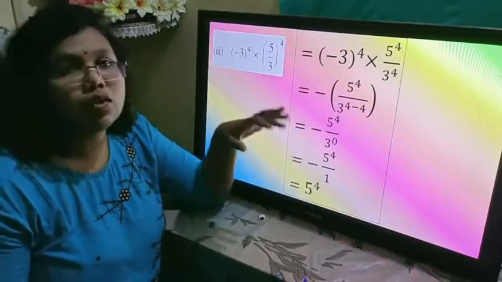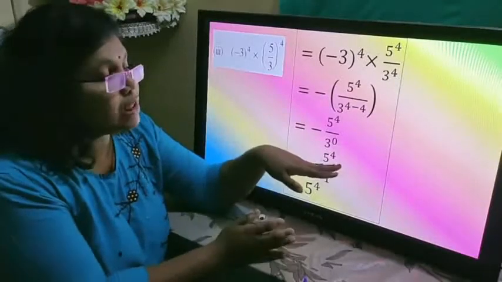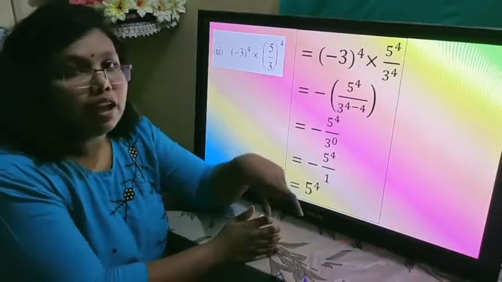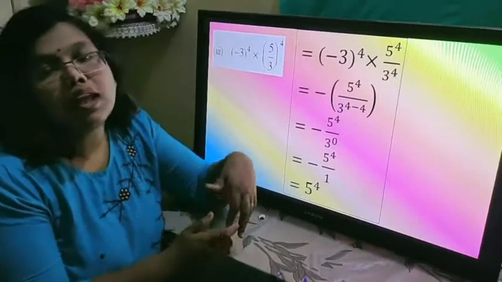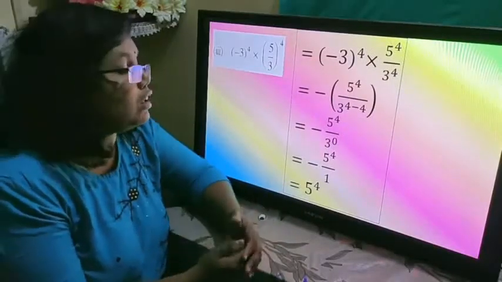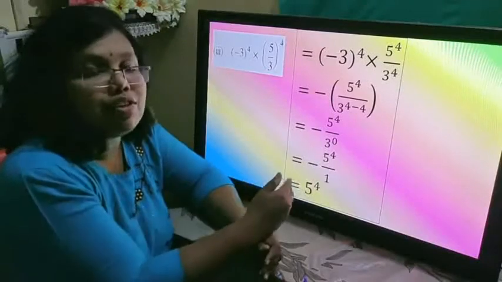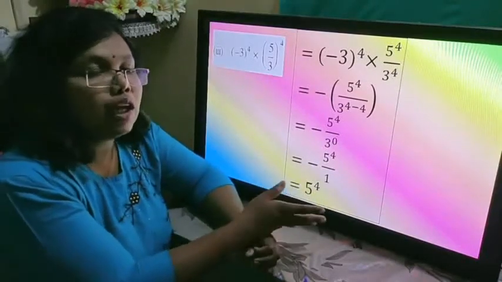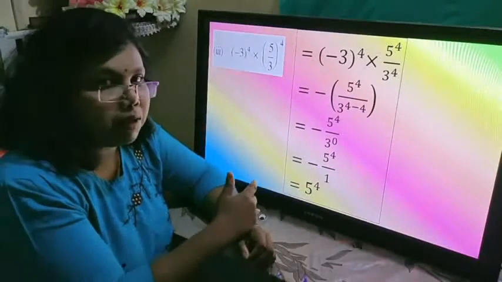Now because we have the exponent as an even number, the minus sign could be left out. This is one important thing that we should remember. Whenever the exponent is an even number, the minus sign would be left out, because 2 square, minus and minus becomes plus.